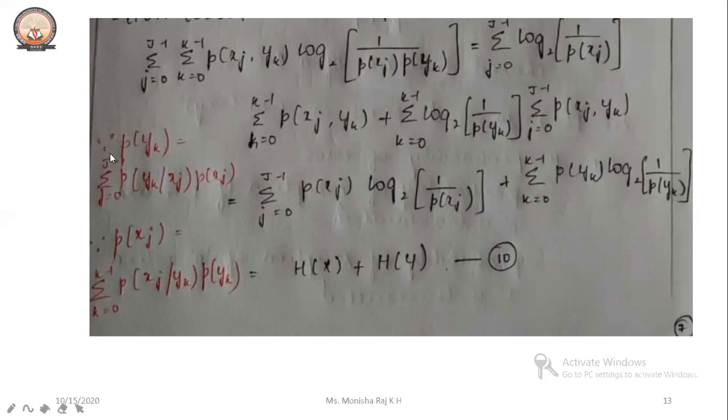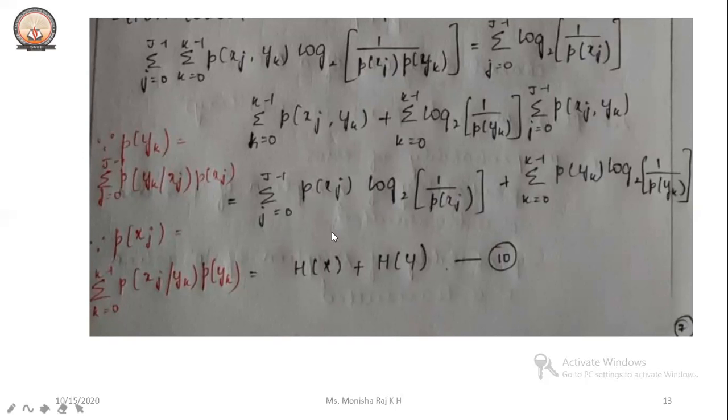Then, further using these equations, that is p(yk) equals summation j = 0 to J-1, p(yk | xj) into p(xj), and p(xj) equals summation k = 0 to K-1, p(xj | yk) into p(yk), we can further simplify this equation as summation j = 0 to J-1, p(xj) into log of 1 by p(xj) to the base 2, plus summation k = 0 to K-1, p(yk) into log of 1 by p(yk) to the base 2.